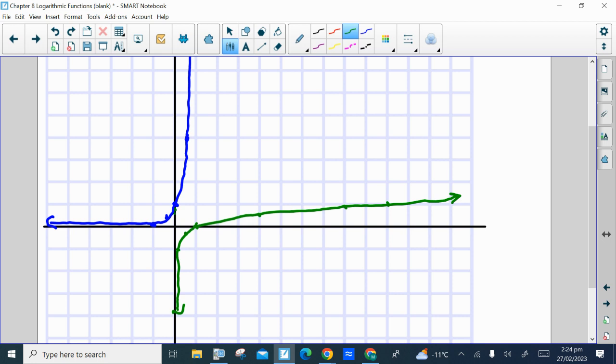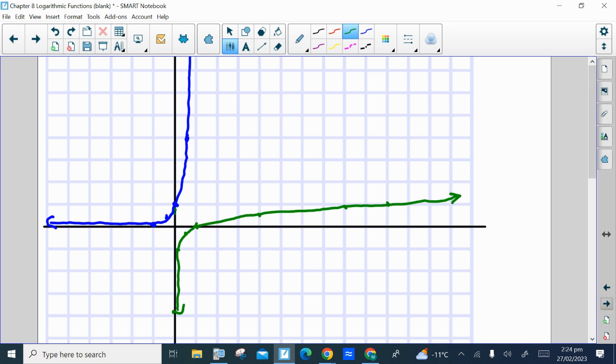Okay? It is an inverse of an exponential function, or they are reflections about the line y equals x.